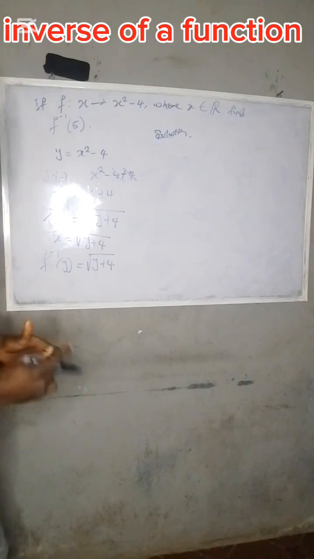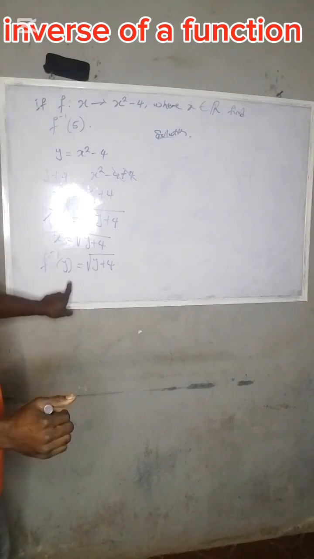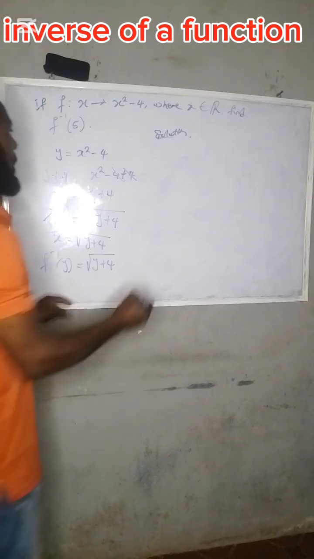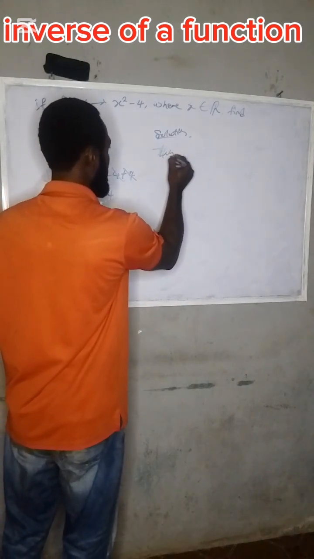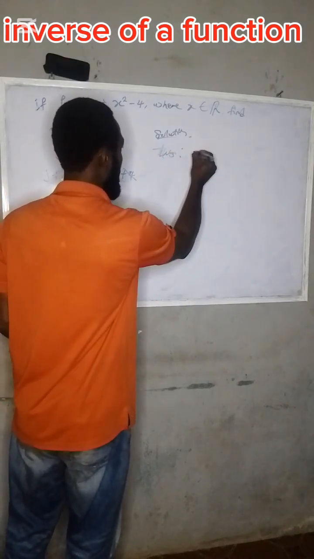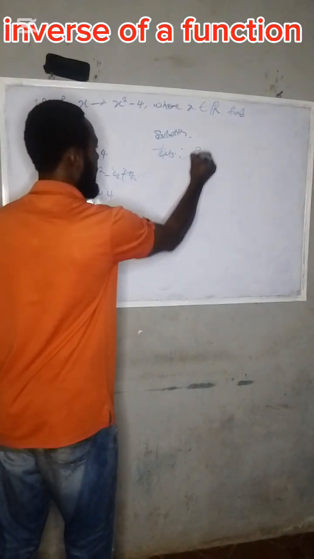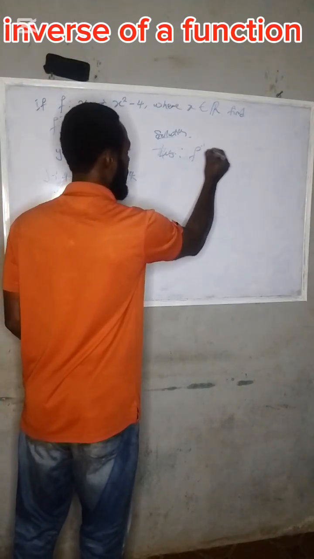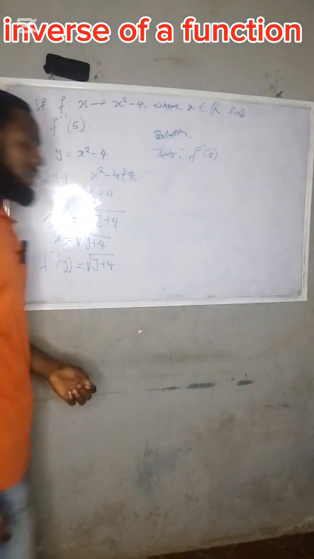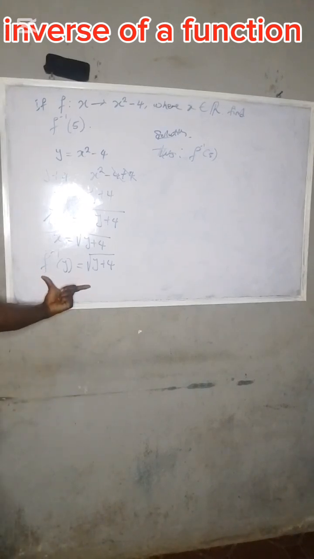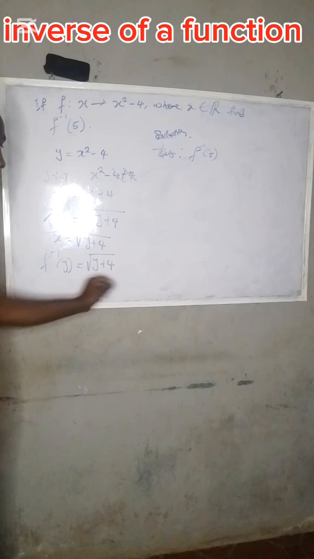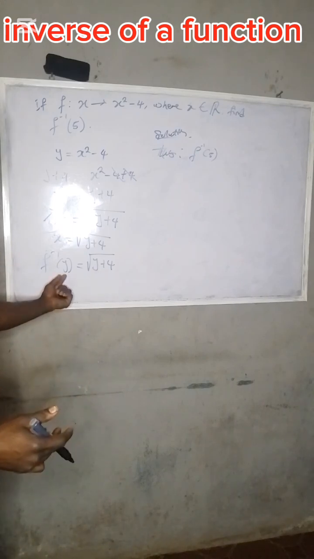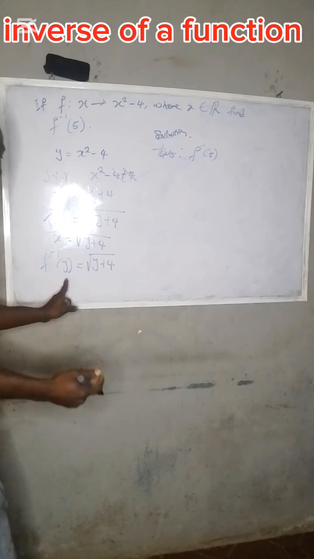Now don't forget, at this point, the value of y given to us is 5. When we are looking for the value of f inverse of 5, f inverse of y is the root of y plus 4.